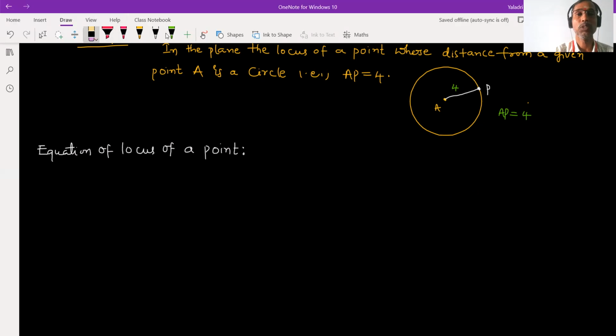Now I write the definition about the equation of this one. Simply remember that the equation of a locus of a point is an algebraic equation, and it is always in terms of x and y as variables, right? Now whatever the point P is there, P is a locus of a point, so that P is satisfying that equation.